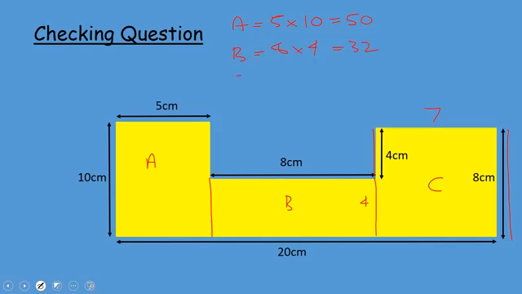And then C, 7 times 8, which is 56. Adding all of those together: 2 and 6 is 8, and 5 plus 3 is 8, plus another 5 is 13. So 138. Our lengths are in centimetres, so we've got 138 centimetres squared. Okay, well, thank you very much, and I will speak to you soon.